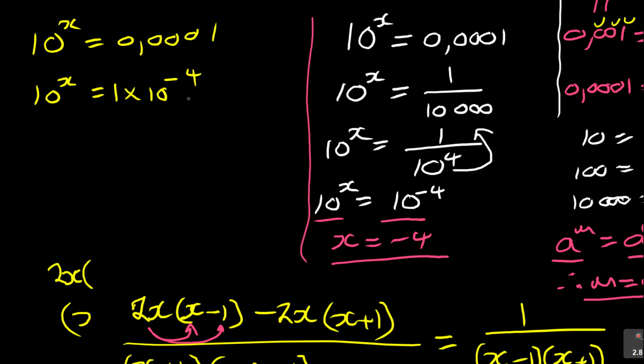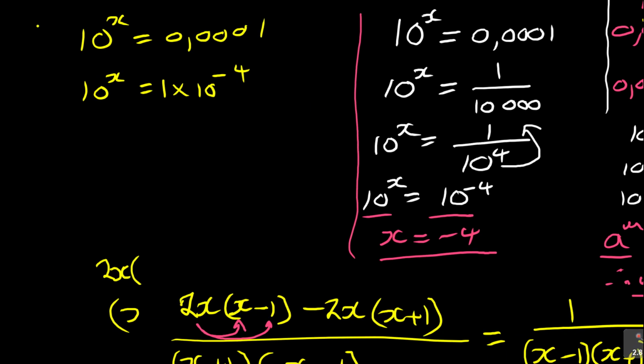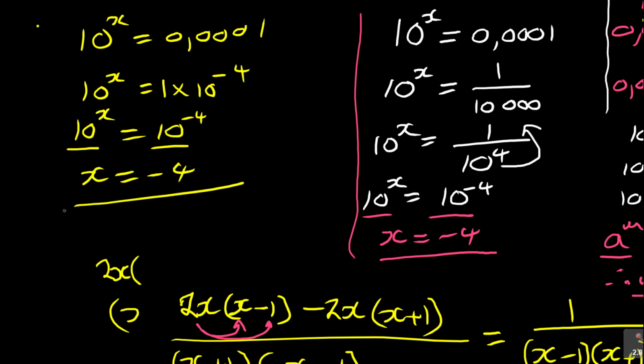If I multiply 1 times 10 to the power -4, it is 1 times 10 to the power -4. I can even come here and say this is same as 1 times 10 to the power x. So even here you can ignore this 1 and say 10 to the power of x is equal to 10 to the power -4. Use that concept, same base, therefore x is equal to -4. Then that was going to be correct.